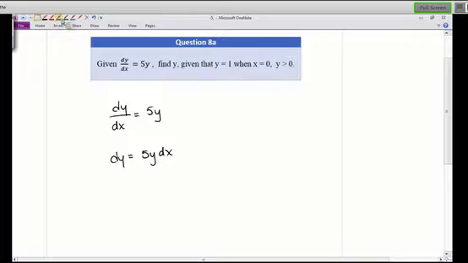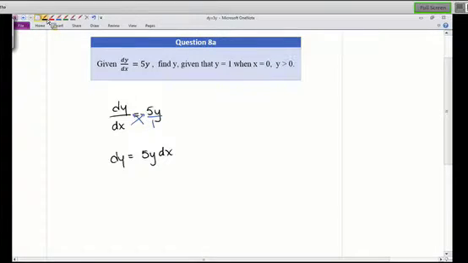Keep in mind when cross multiplying, you could put 5y over 1, and when you cross multiply, you'll get the same result. When you are solving a separable differential equation, you want your y's with your dy's and your x's with your dx's.